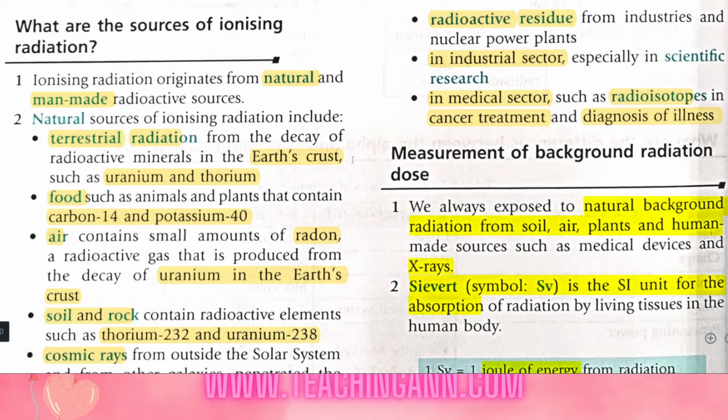Cosmic rays from outside the solar system and from other galaxies penetrate the atmosphere and are absorbed. Radiation from natural sources is also known as background radiation.